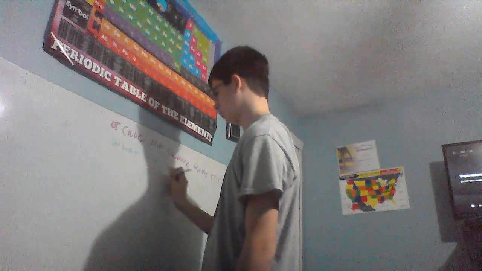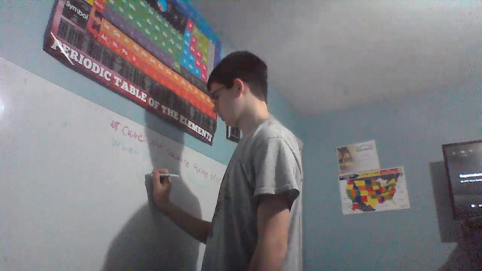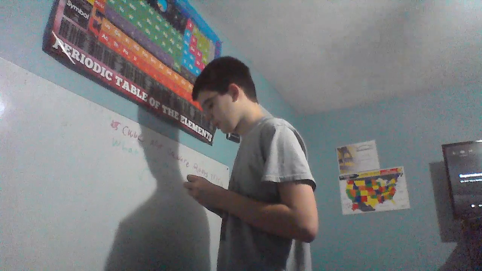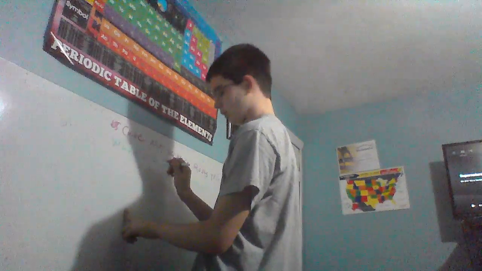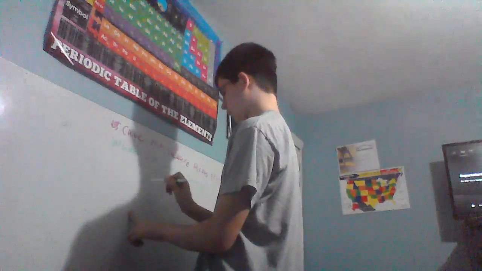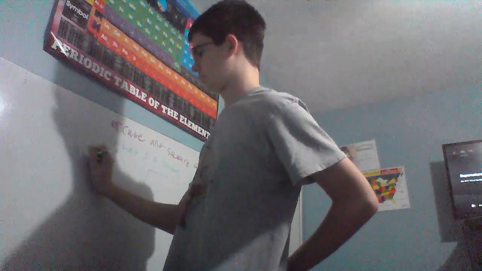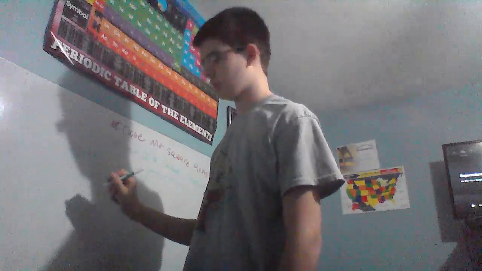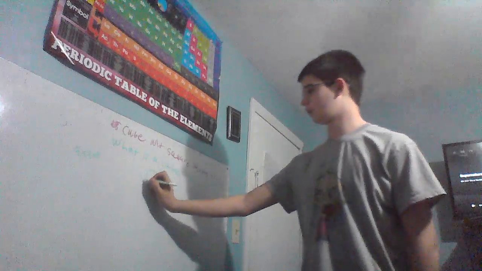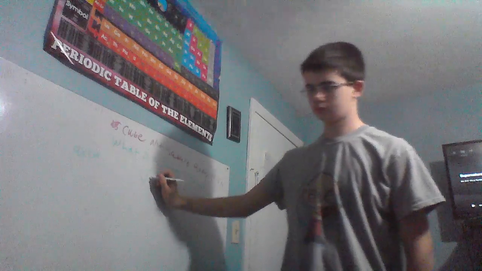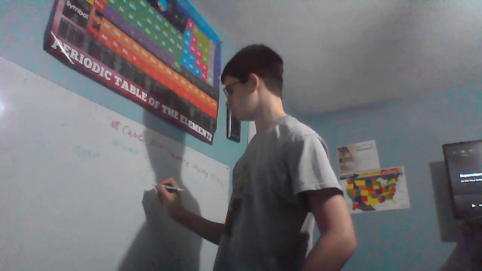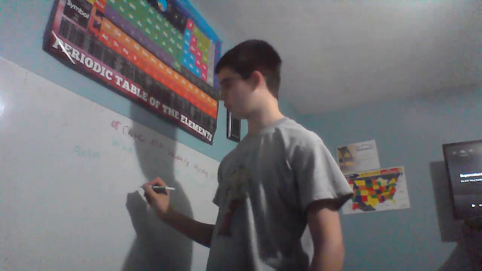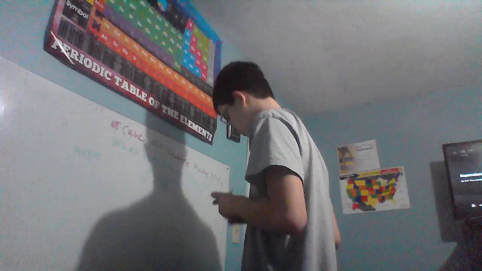Well, if you take any number, then the cube root of that number is the number that, multiplied by itself 3 times, equals the number under the radical symbol. So, an example, 729. This only has one cube root, and that is 9.